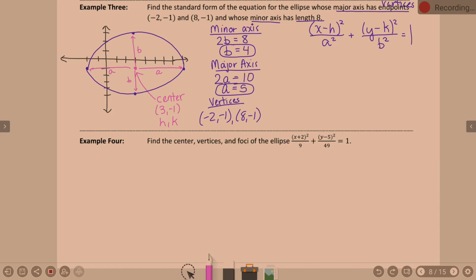Okay. Have you written your equation? If you haven't written your equation, let's write our equation.